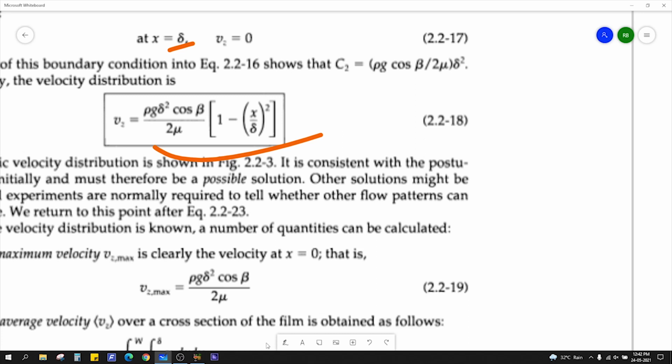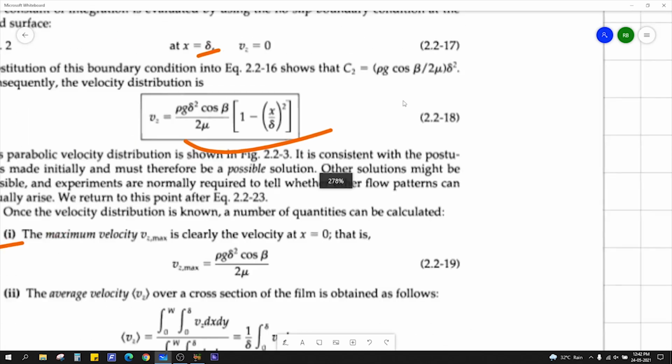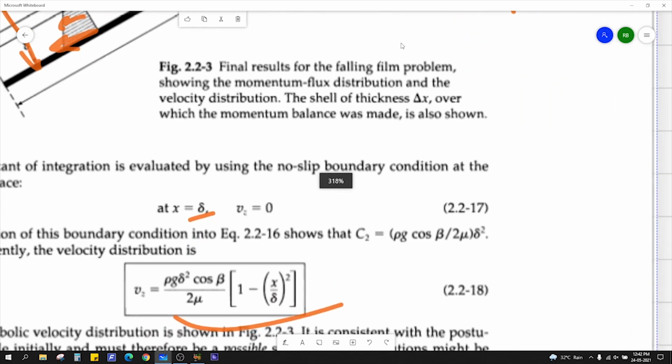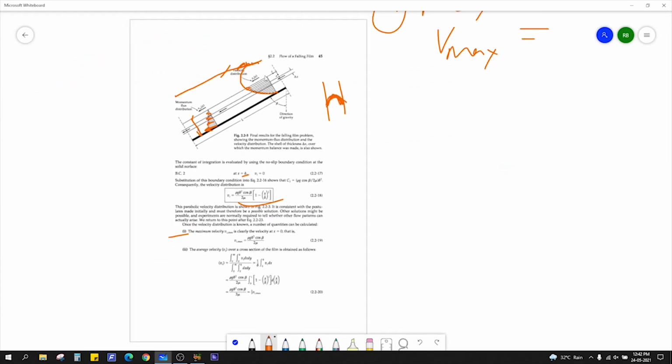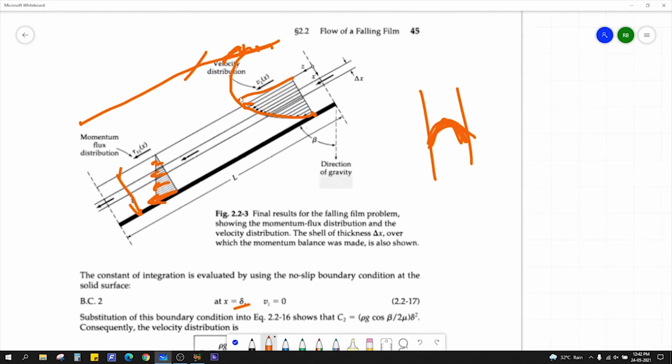Why put x equal to 0 to get maximum velocity? It is also from common intuition, because at the wall the velocity will be 0. Away from the wall, which in this case is x equal to 0, you will get Vz as max. So you can see here the line is max here. It is maximum at x equal to 0, right?